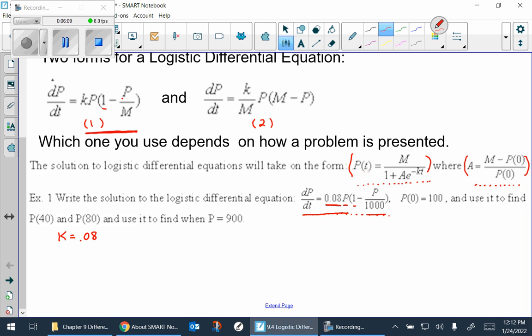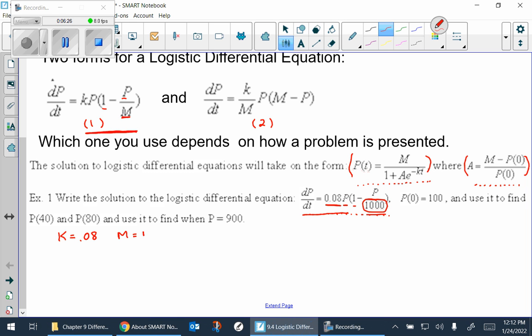One minus P over M. What do you suppose that number is? I think that is M. I think that is the carrying capacity.